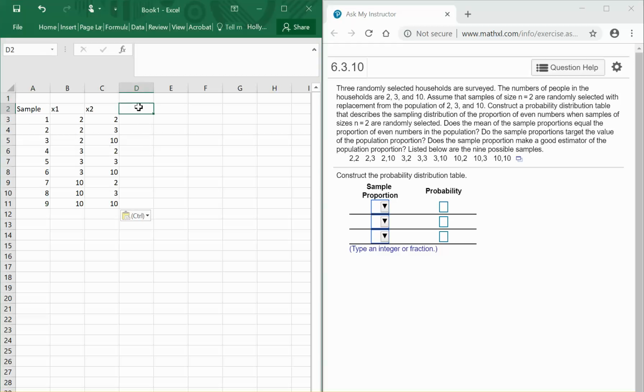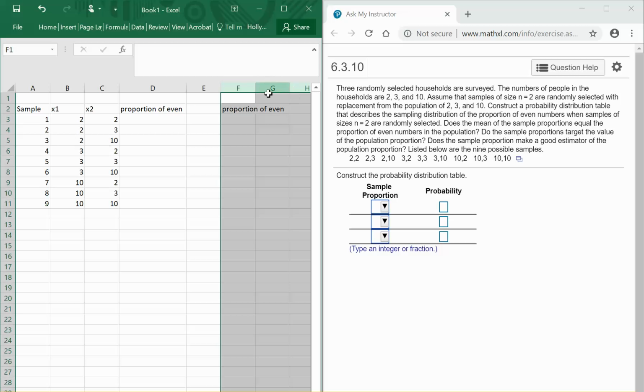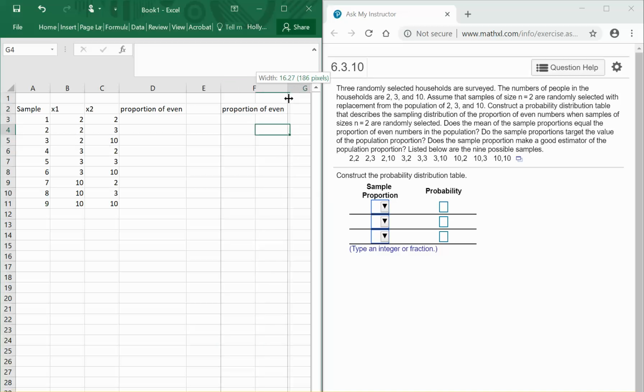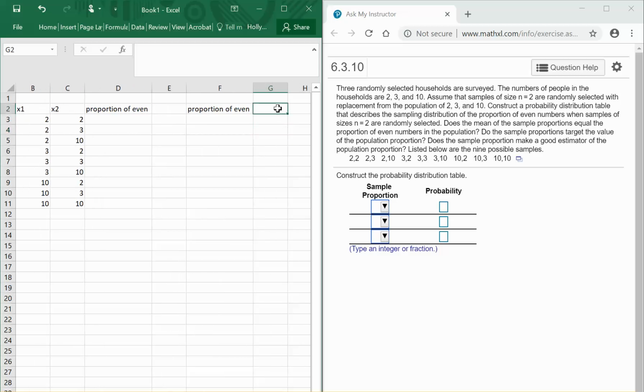We're looking for the proportion of even numbers, so I'm going to put my statistic, proportion of even, and then I'm going to put it again over here, along with a probability column.